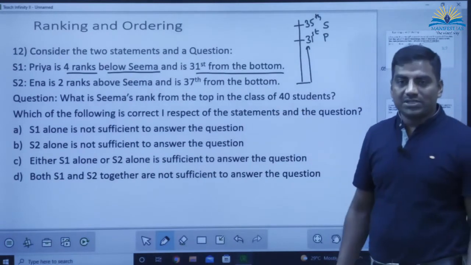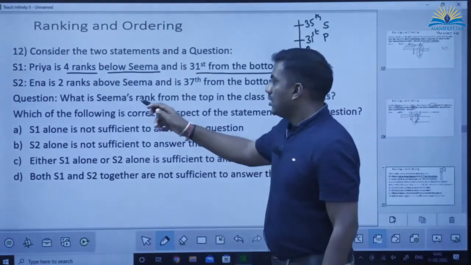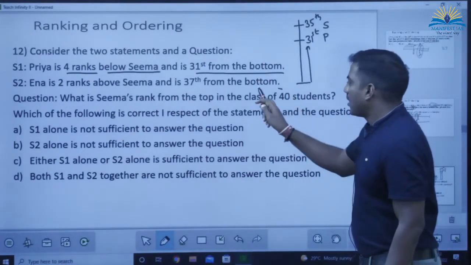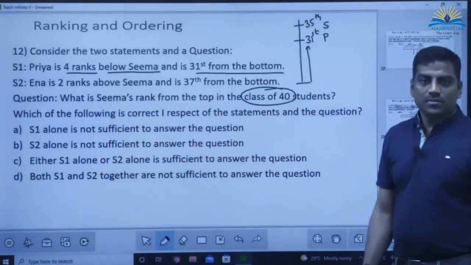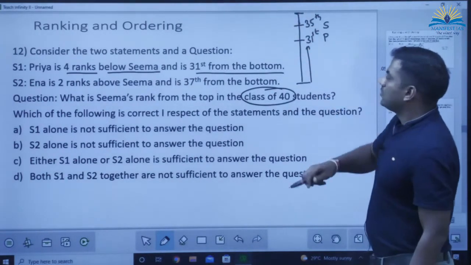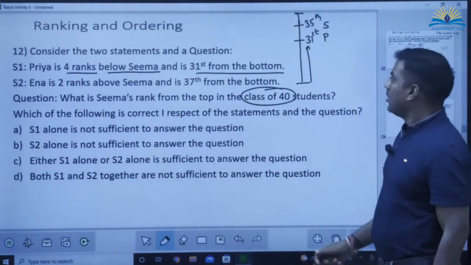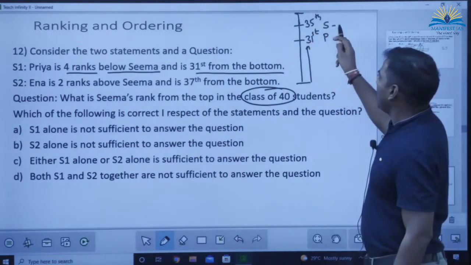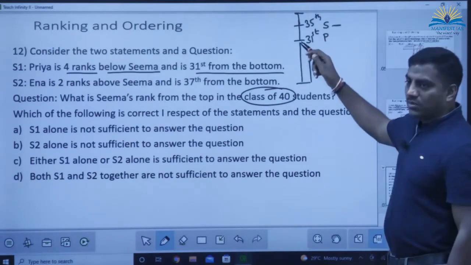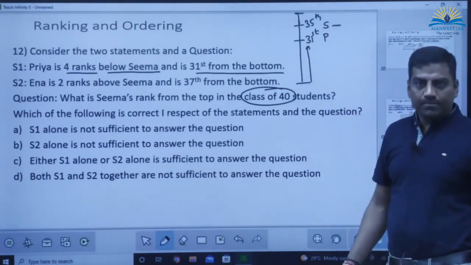Now suddenly go to the question. What is Seema's rank from the top, in a class of 40? So 40 students are there. Now, what is the rank of Seema? She is 35th from the bottom. Total 40 people are there.